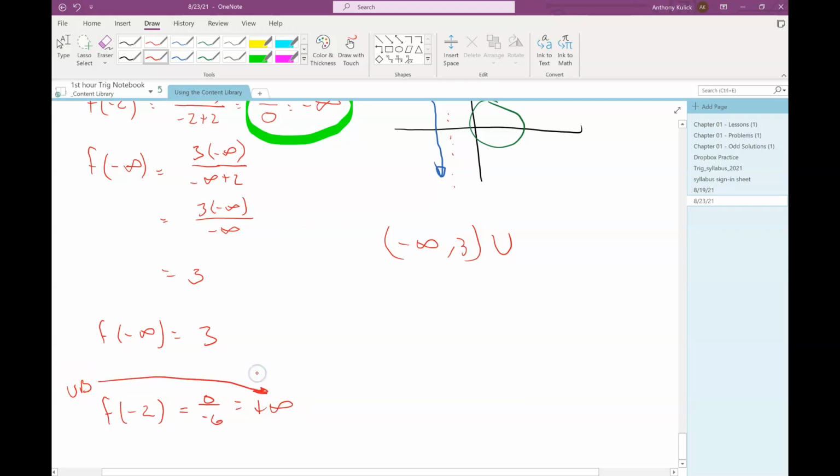But because this is an upper bound, I'm going to use a positive infinity there. I didn't write down any of the work because it's identical to the work that we just did above. That's why I didn't write down any of the steps to get 3 and 0 over negative 6. You're okay with that?